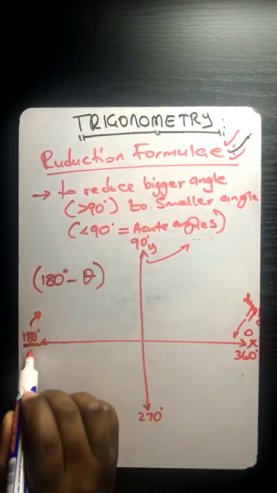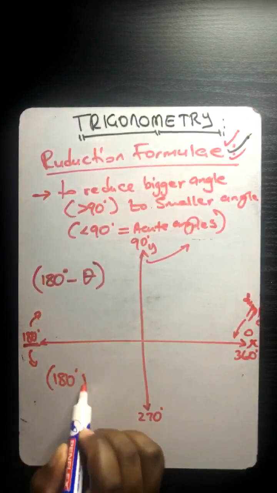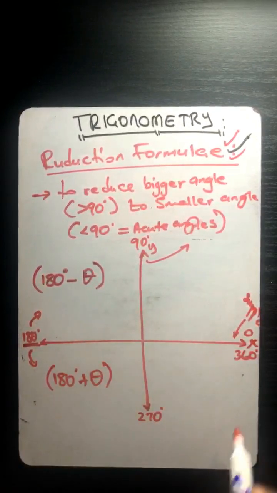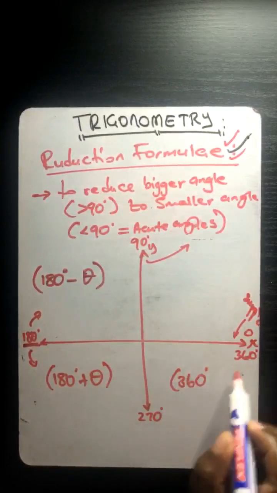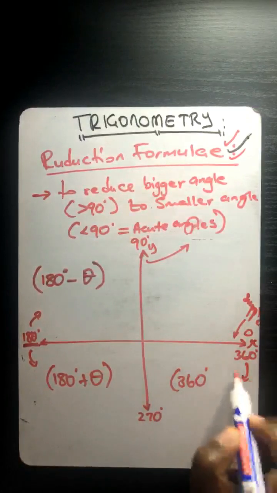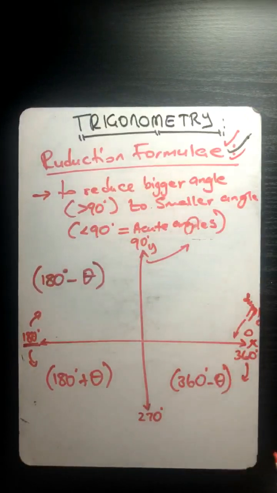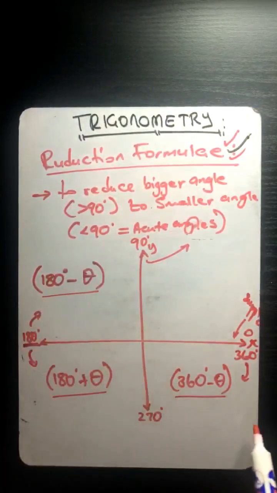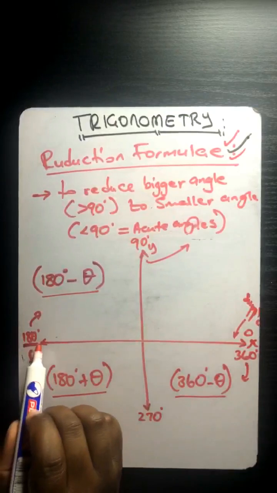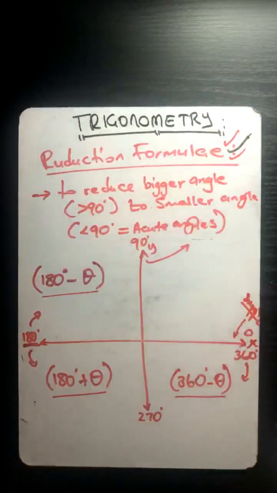If you now want to go to the next quadrant, that's when it's going to be 180 plus an angle. And then here we have 360 degrees to take you back to this quadrant. That's why you minus that angle theta there. Can you see? These are the reduction formulae based on angles along that line, which I say is supplementary.